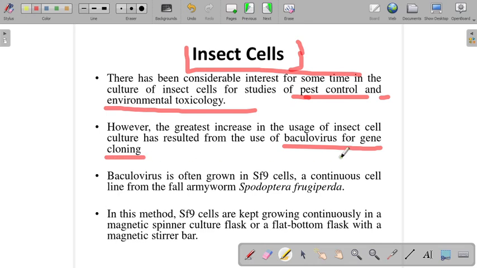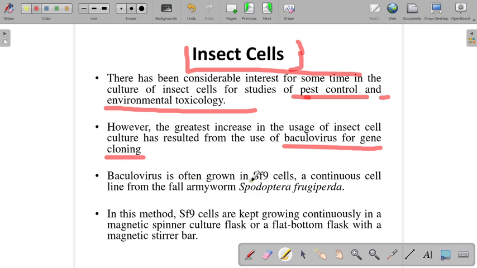Once we insert our gene of interest in the baculovirus and allow it to infect a plant, the plant will ultimately take up that inserted gene through the baculovirus insertion methodology, and the plant will show us the various characters, right? That is one of the viruses we use for gene cloning.